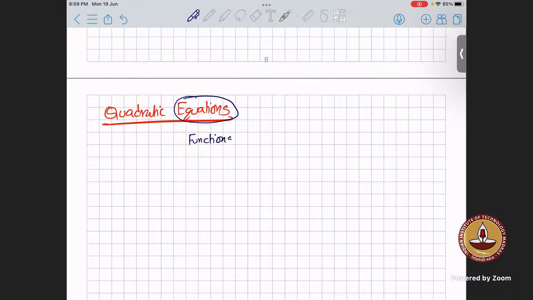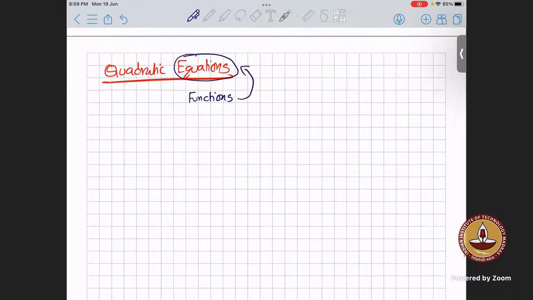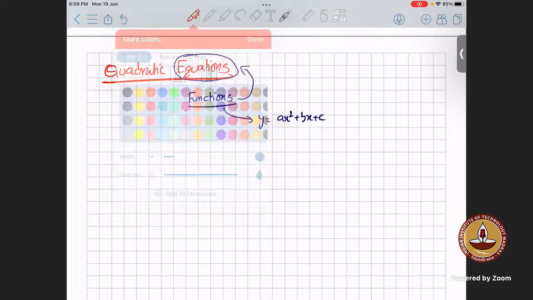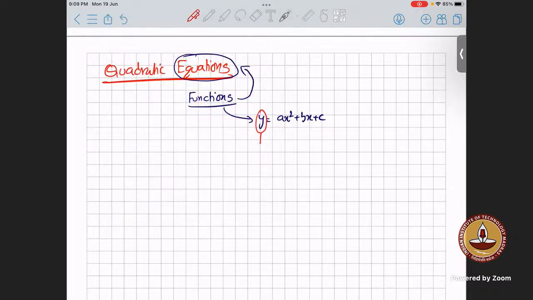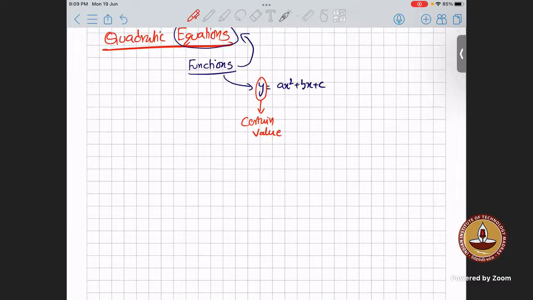Why suddenly change to equations? The quadratic function means y equals ax square plus bx plus c. When this y becomes a certain value, then it is known as a quadratic equation.